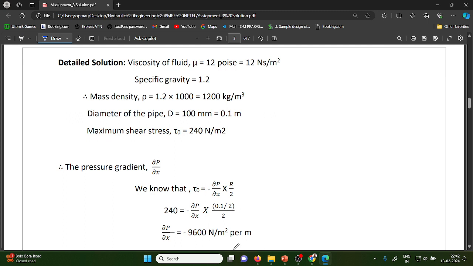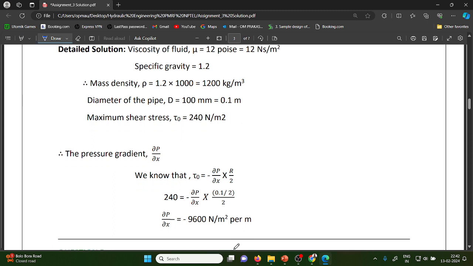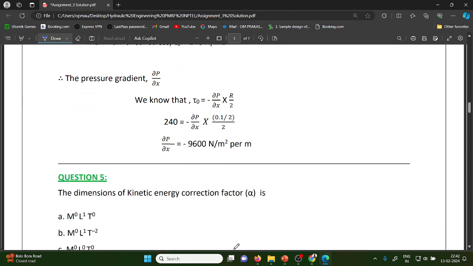So if you put the values of all given data, you will get minus 9600 Newton per meter square. So this is the whole idea.